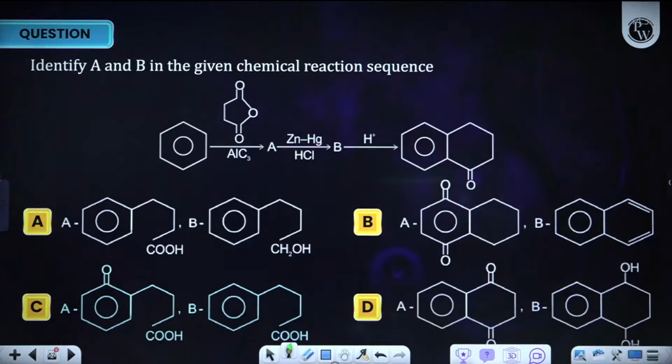Yes, quick. Identify A and B in the chemical reaction.